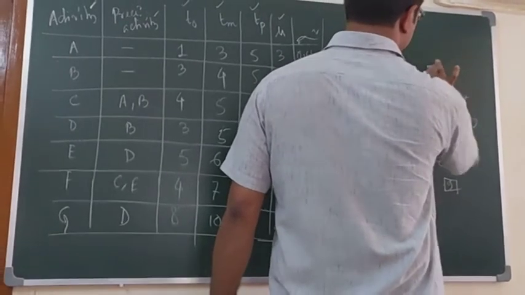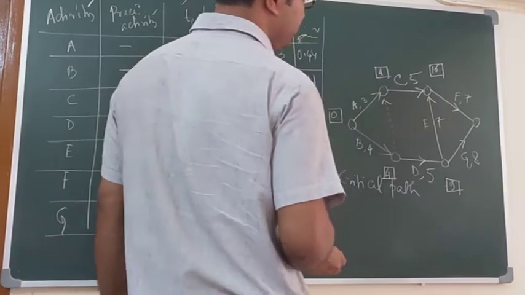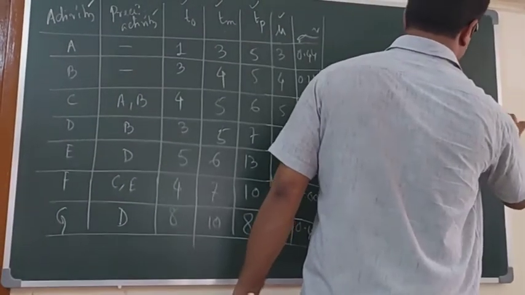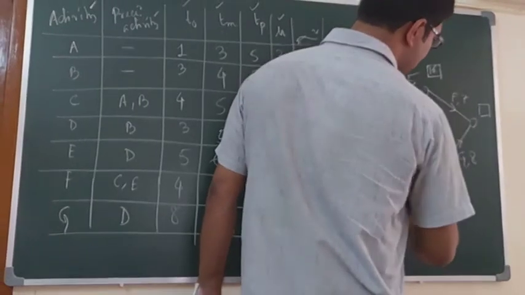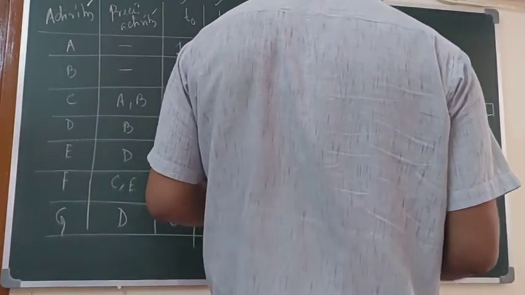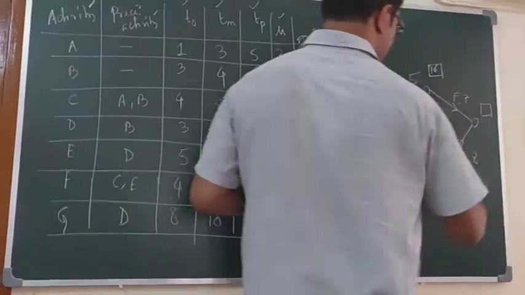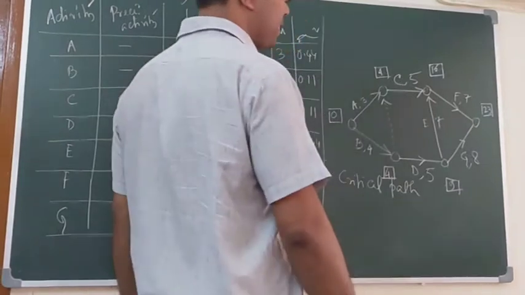Next, for this one, 16 plus 7 or 9 plus 8, we take the maximum value, that is 23. 23 is the maximum value.